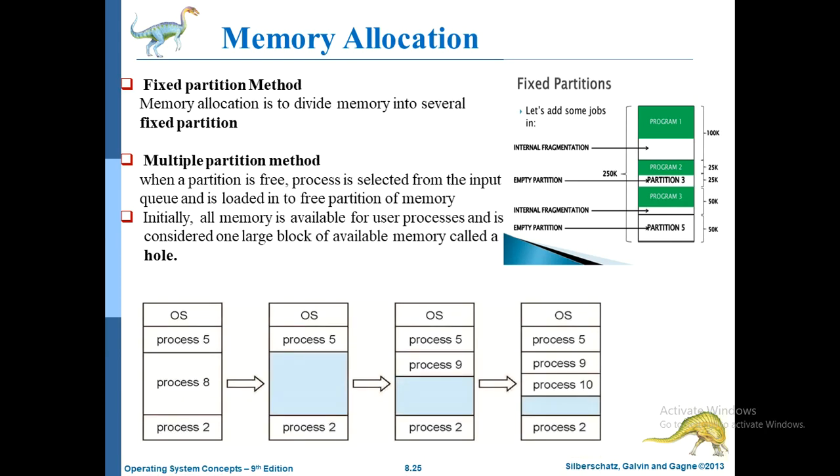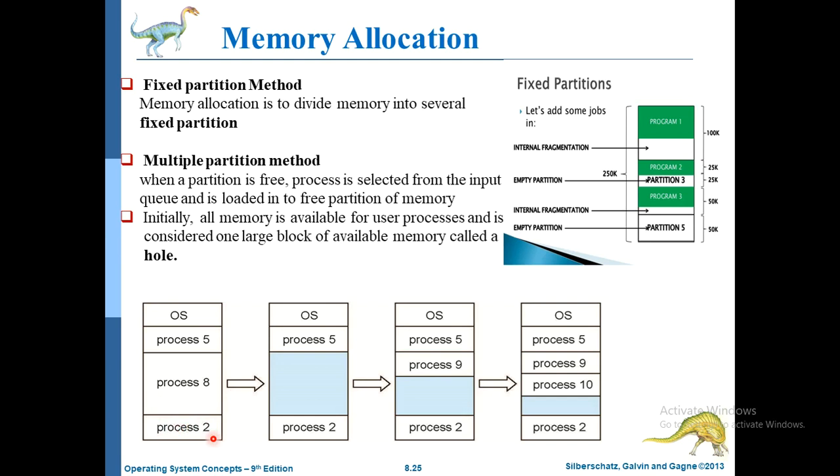Say we have three processes initially: process 5, process 8 and process 2. We divide this hole into three parts, one for process 5, another for process 8 and another for process 2, right?